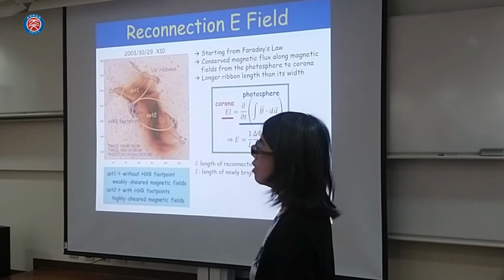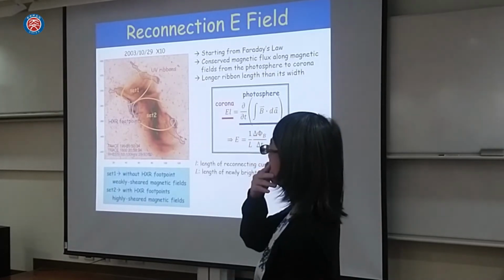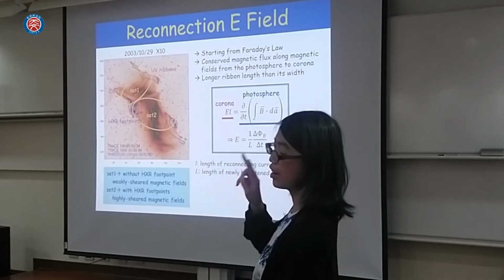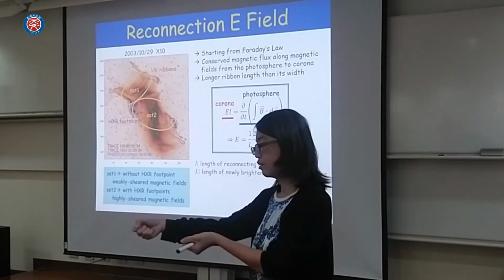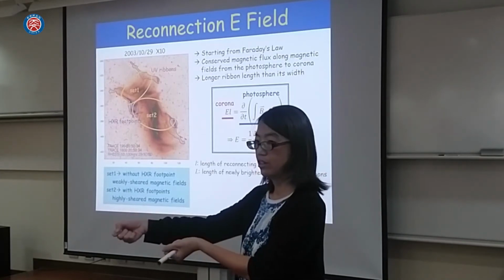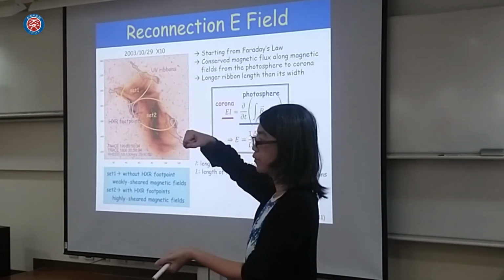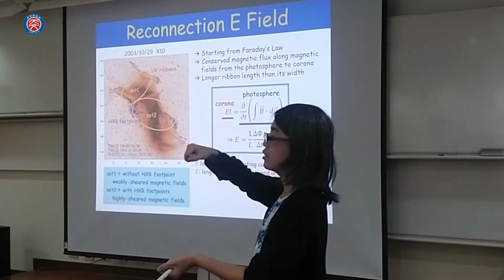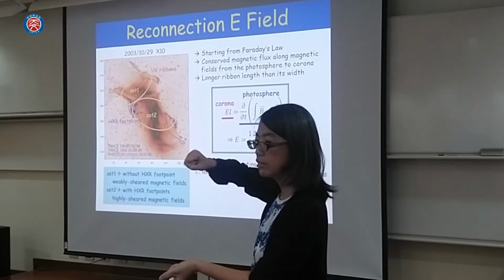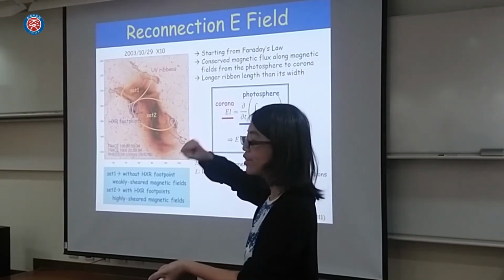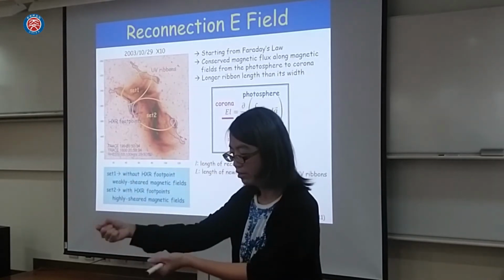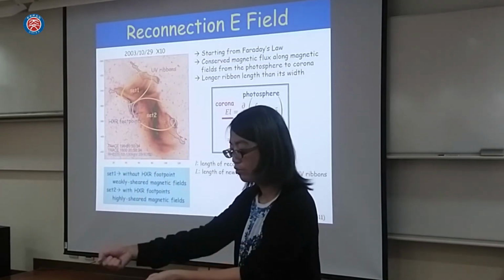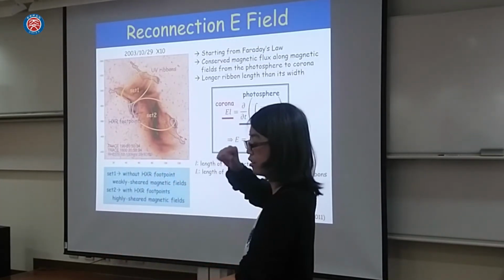In principle there should be two kinds of hard X-ray source: one we call the hard X-ray footpoint, and the other we call the above-the-looptop source. But it is usual that the upper one is weaker than the other one. So sometimes we can detect the hard X-ray footpoint but cannot see the upper one.